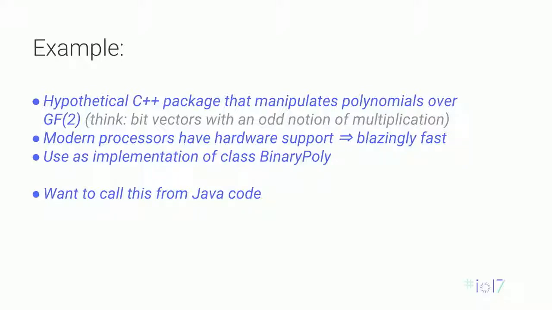I'm not going to show you the C++ code, actually. This particular example is good because, in spite of the fact that it seems esoteric, modern hardware often has hardware support for this, so you can actually build a blazingly fast, really low-level implementation. So what we want to do is we have this library, and we want to call that library from Java code.